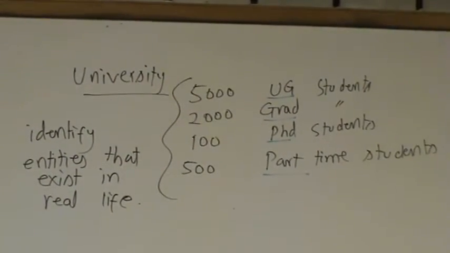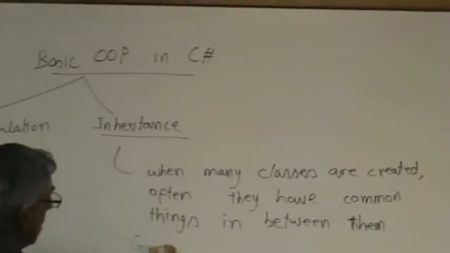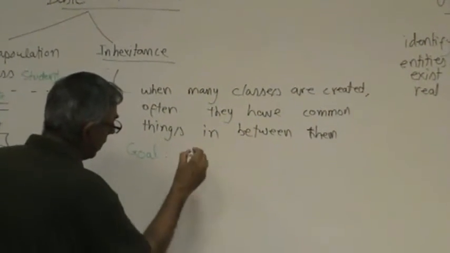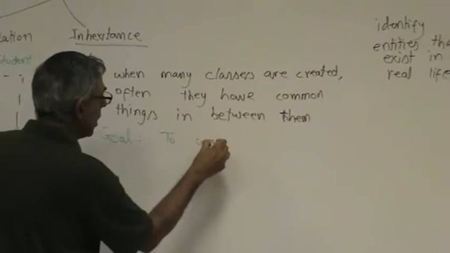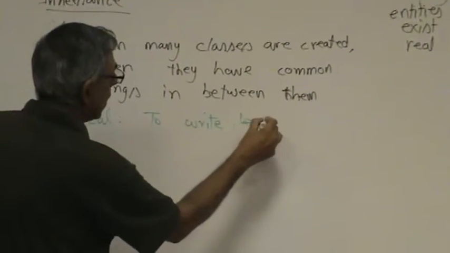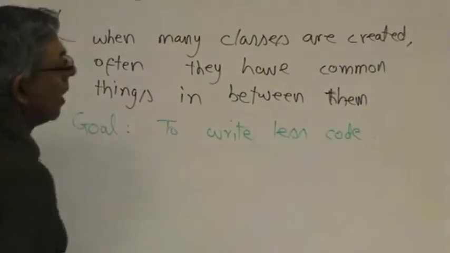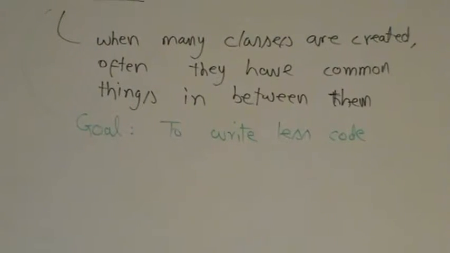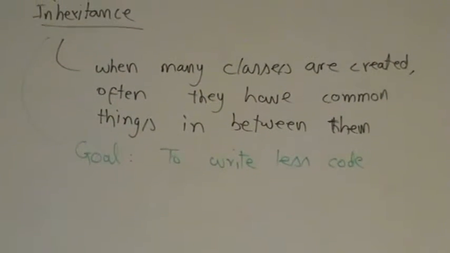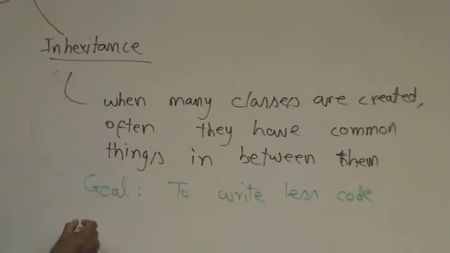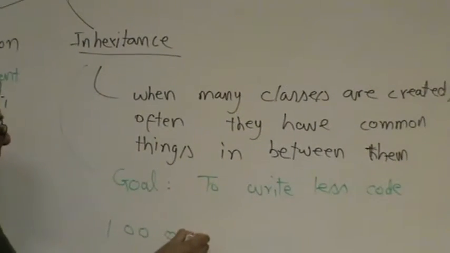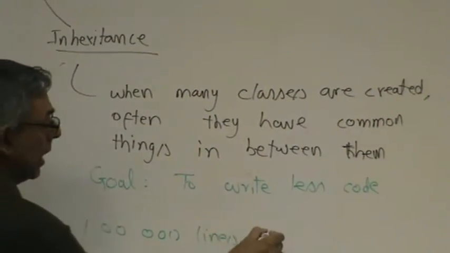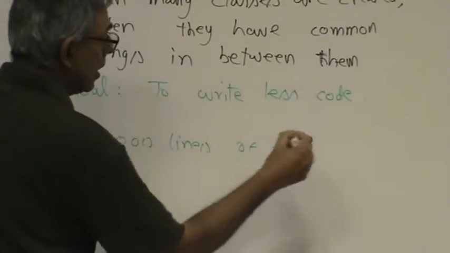So see, the goal of inheritance is very simply to write less code, okay? Because they've done studies, if you create a large application, let's say you wrote 100,000 lines of code in creating an application, right?